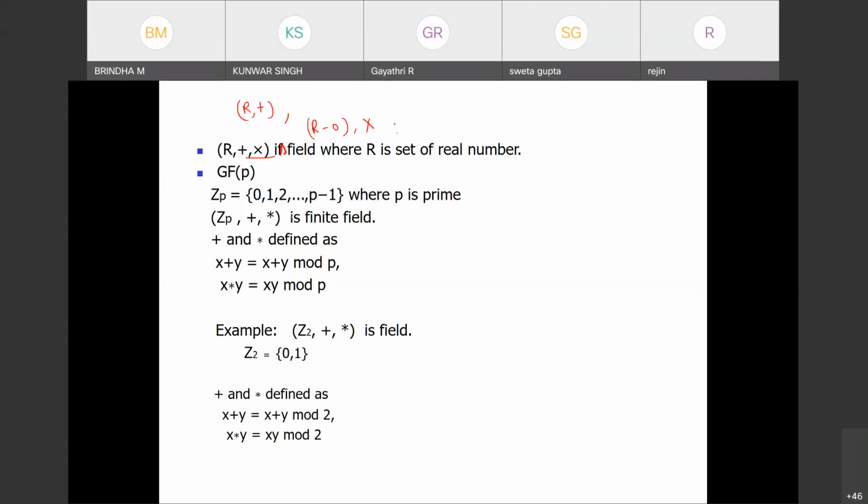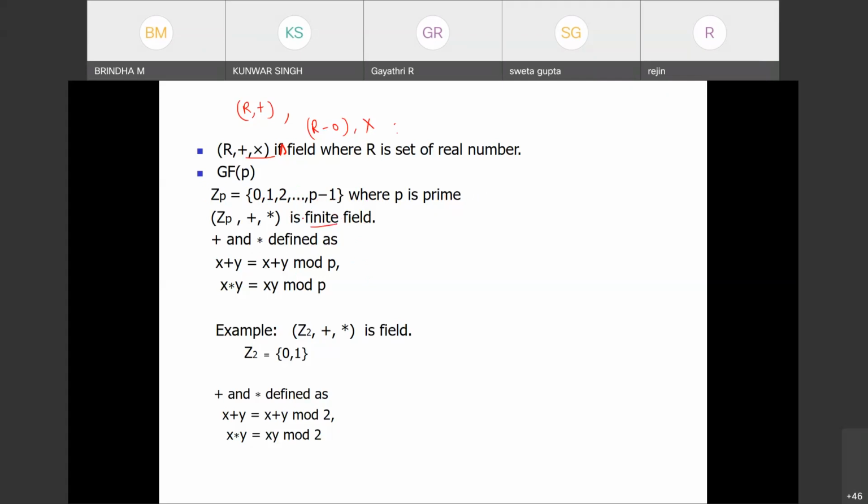The second well-known field, which will be used in ECC also, is this field: Z_P = {0, 1, 2, ..., P minus 1}. In the previous case we defined Z_P as 1 to P minus 1, but now 0 is also there, where P is prime. This is also a field, and it is a finite field.